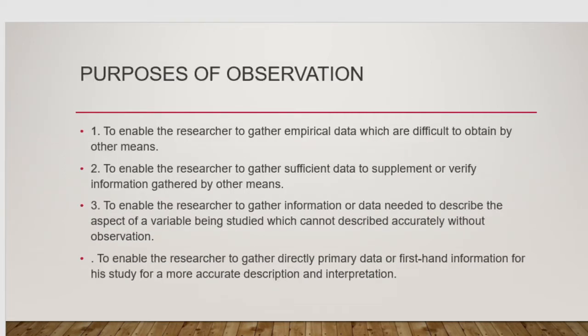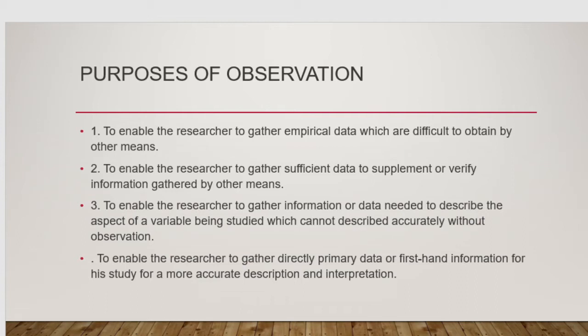So what are the purposes of observation? Observation enables the researcher to gather empirical data which are difficult to obtain by other means. To enable the researcher to gather sufficient data to supplement or verify information gathered by other means.